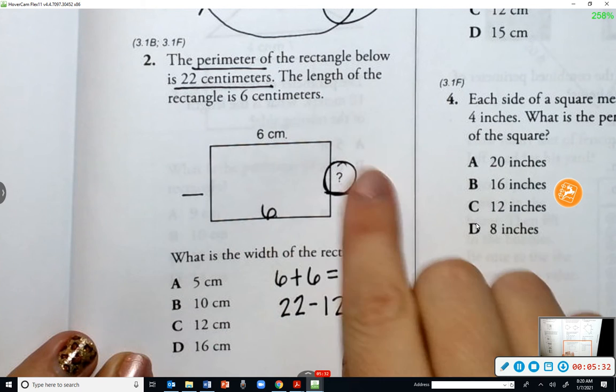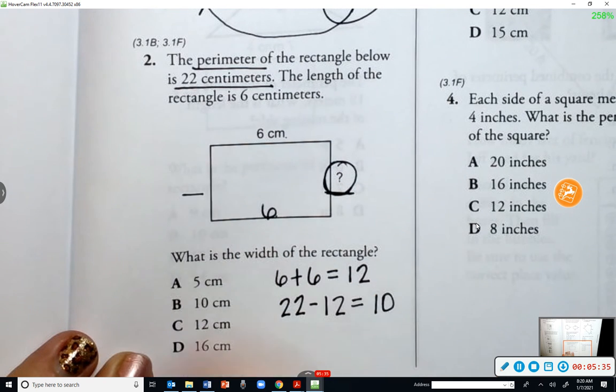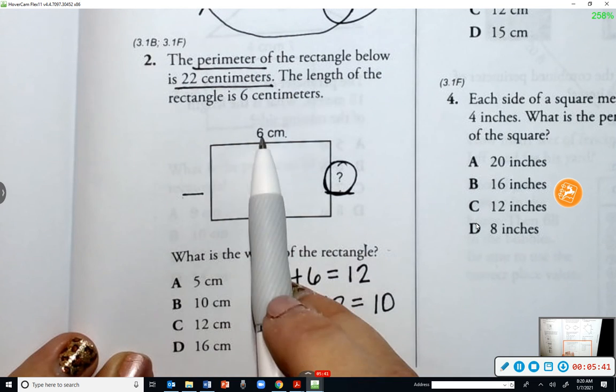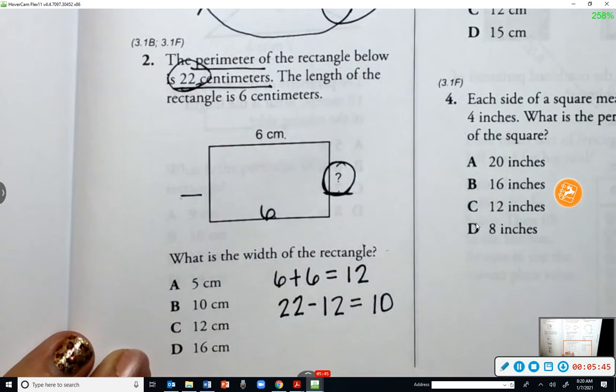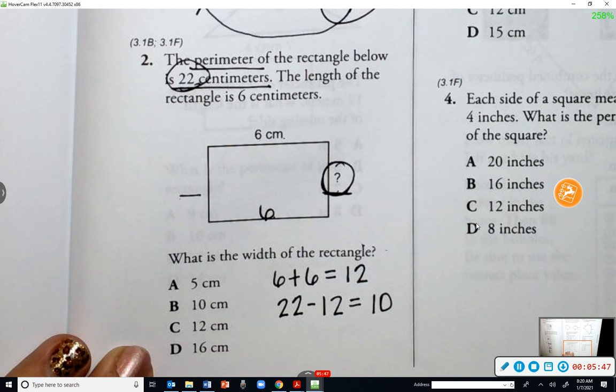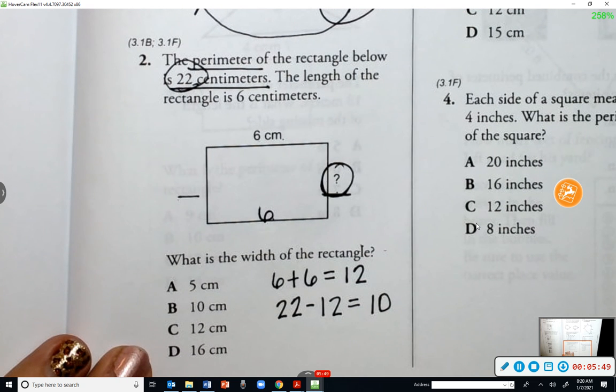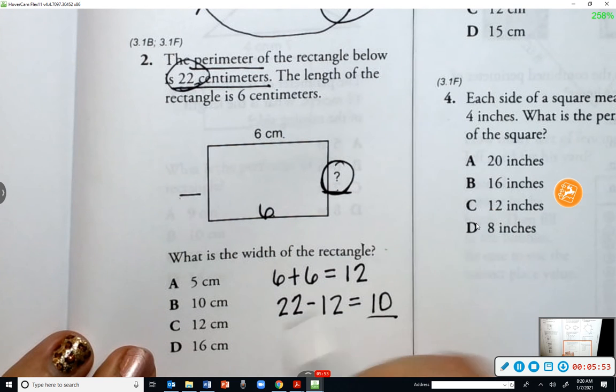But 10 can't go here and here, because that would end up being more than 22. 10 plus 10 would be 20, plus 6 is 26. I'm already more than 22. It can't be greater than that. So what is that last step that we're missing? Kelsey? You have to divide. Good. We need to split this 10 up between the two missing sides.